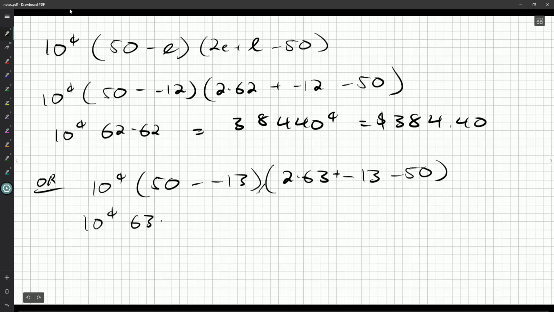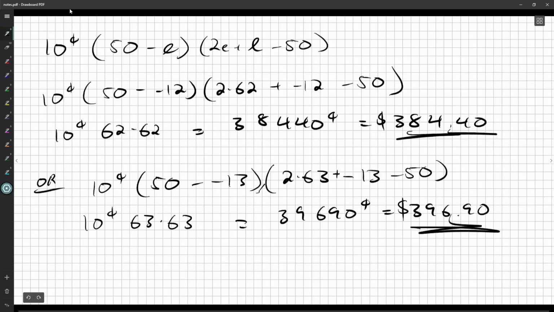So 10 cents, 63 times 63. We probably could have cleaned that up earlier and worked out just in terms of E rather than L how much Lino was going to make. But that's okay. 39,690 cents, and that is $396.90. So there's our answers in terms of Lino's price.